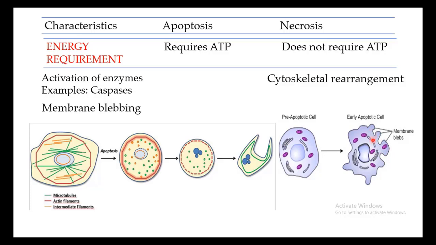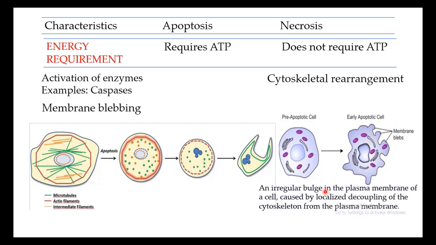What these membrane blebs mean is an irregular bulge in the plasma membrane, that is caused by localized decoupling of the cytoskeleton from the plasma membrane. So when you are going for the cytoskeletal rearrangement, the plasma membrane is going to make these membrane blebs, and that requires energy, and that is provided in the form of the ATP.